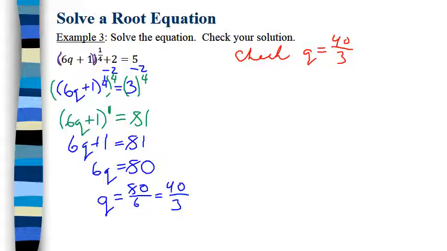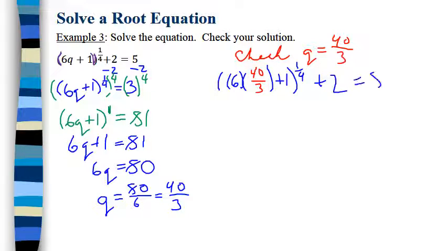So I write out the original problem, which was 6 times q, which we think is 40 over 3, plus 1, all raised to the 1/4, plus 2 equals 5.